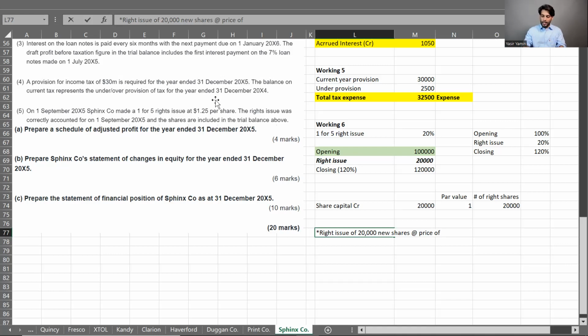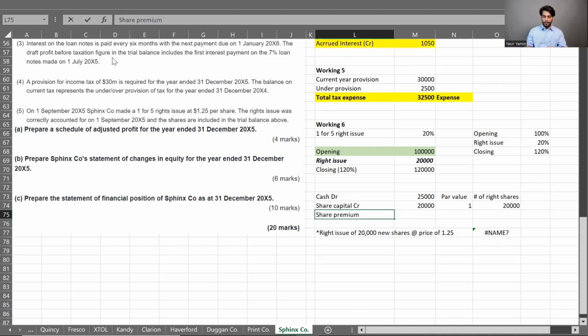And how much cash would you have generated? 20,000 rights shares multiplied by 1.25, which means you would have generated $25,000 worth of cash. Share capital would have been credited by 20,000 and share premium would have been credited by 5,000. That would have been the accounting entry made during the year.